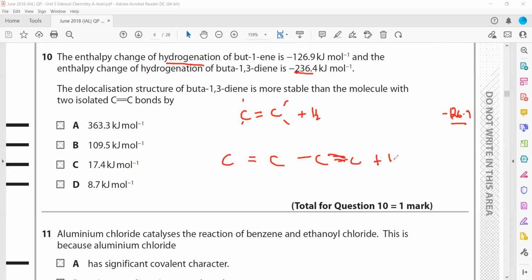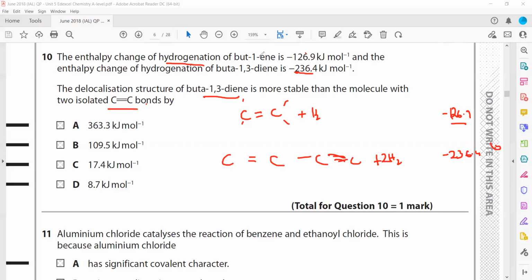So when two hydrogen molecules are added, the energy change is 236.4 kilojoules per mole. They're asking about the delocalized structure being more stable than the molecule of two isolated carbon-carbon double bonds. So what is the difference in the energy?